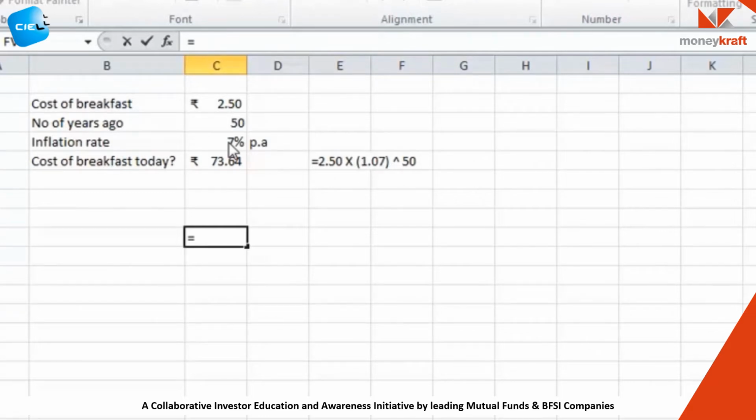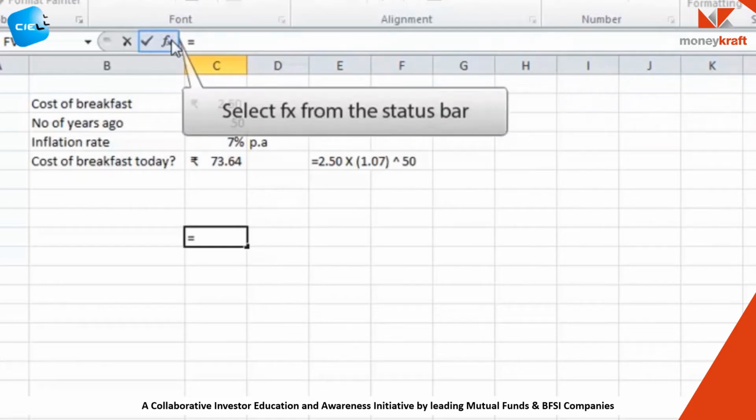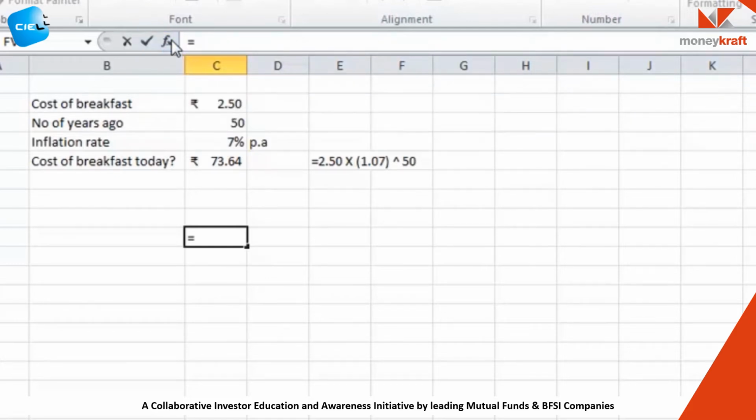We can do the same thing by using the Microsoft Excel function FV. Click on FX from the status bar at the top of the sheet.